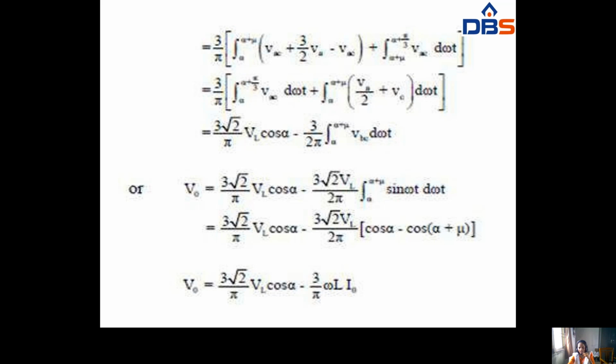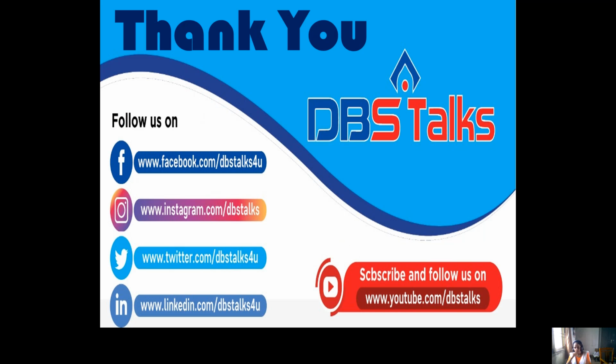That implies V average equal to 3 root 2 by pi VL cos alpha minus 3 by pi omega L I naught. So for source inductance in a three-phase full wave bridge rectifier, the average voltage will be this. And that's it. So thank you.